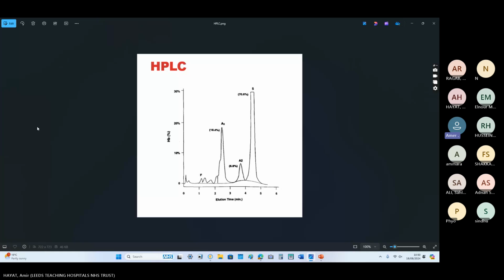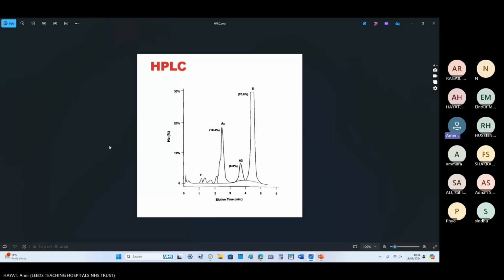But this is the old HPLC in this patient's case. And if it is sickle beta naught, you would expect sickle cells in the blood film as well. So this is a case of sickle beta plus thalassemia.